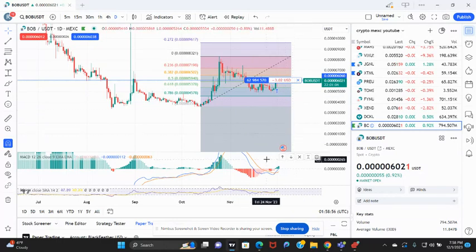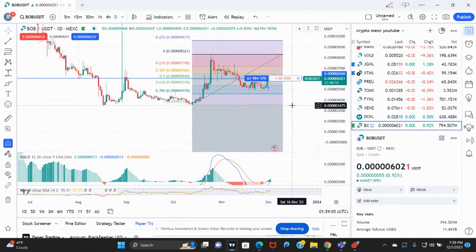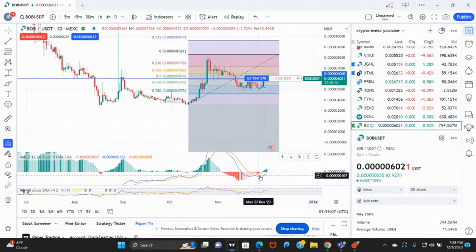And then once it crossed back over to the negative side, that's when it's kind of just been going down, going down. And as you can see, it's just crossed positive again. And that's what I like. So you missed all that downside, and now you'll be buying in again, ready to catch some more upside.